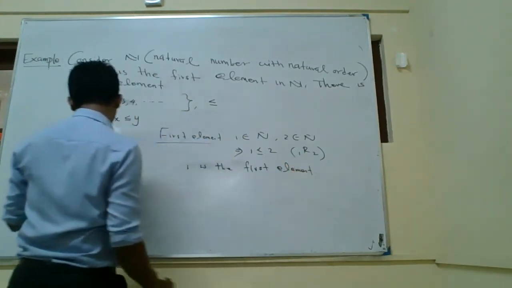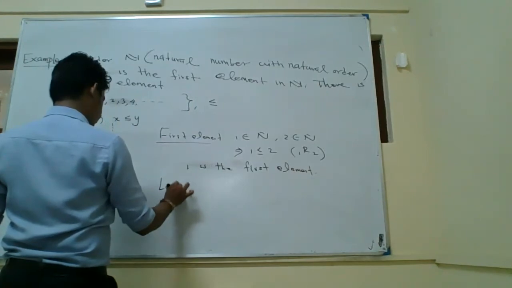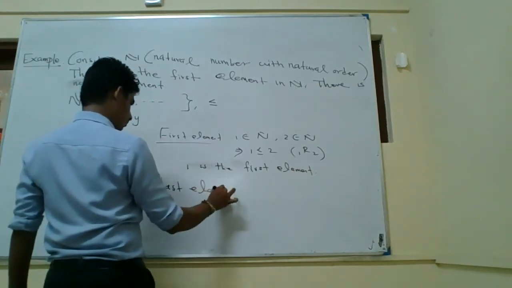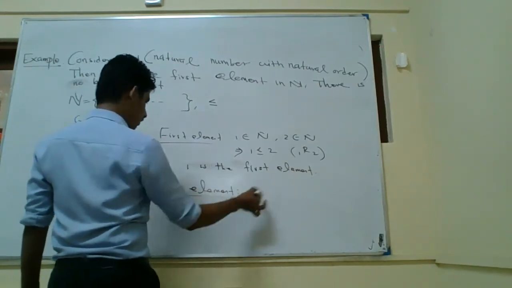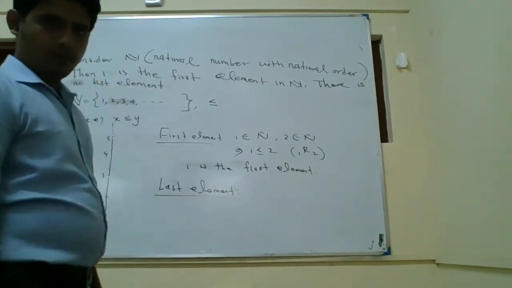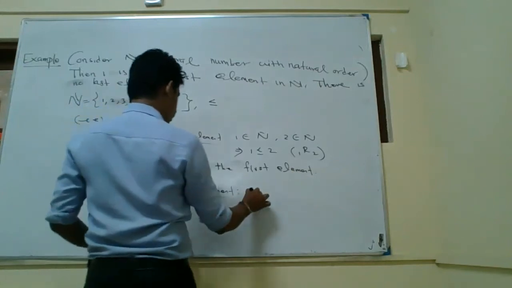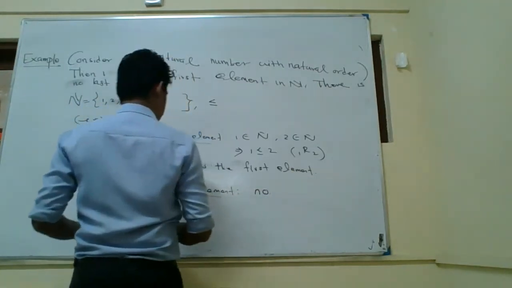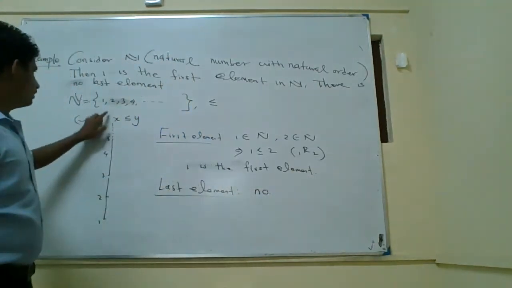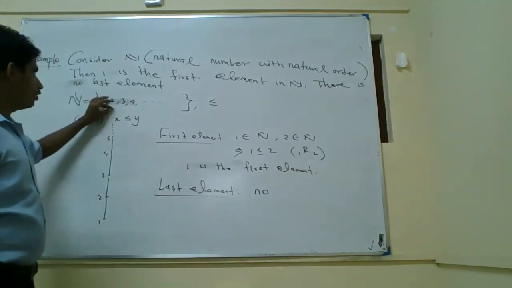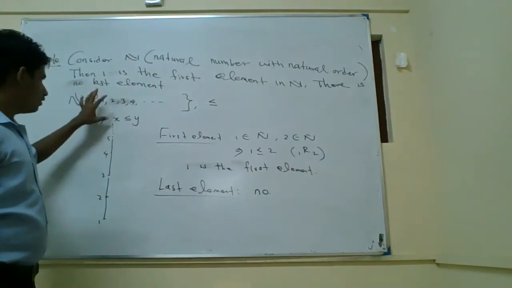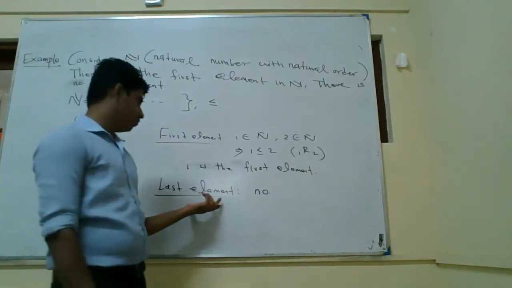What is your last element? There's no last element, because we can't tell what the end value of the natural numbers is. We can't tell the value, which would be the last element.